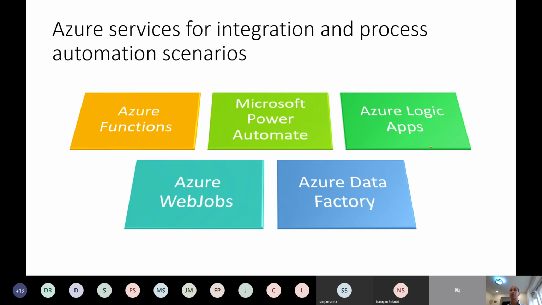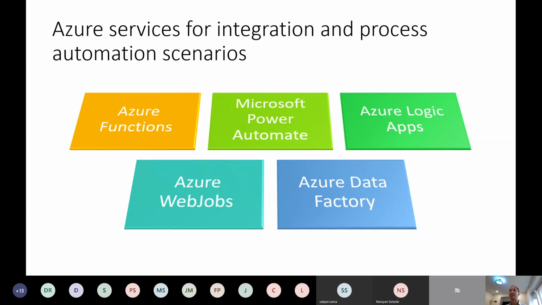So here are, I may miss something, but let's say here are some Azure services for integration and process automation scenarios. We have Azure Functions, we have Microsoft Power Automate, we have Azure Logic Apps. I just told you a whole bunch of names here, right?